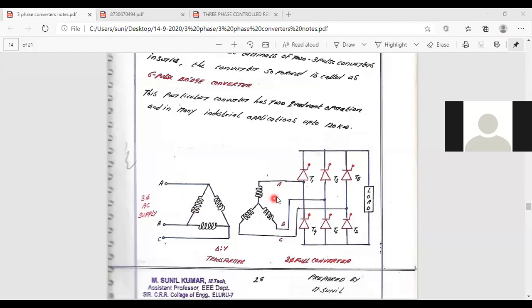In general, you can simply represent it with phase A, phase B, and phase C directly connected for low power applications.